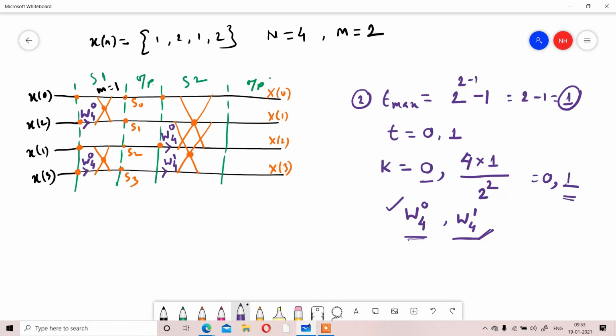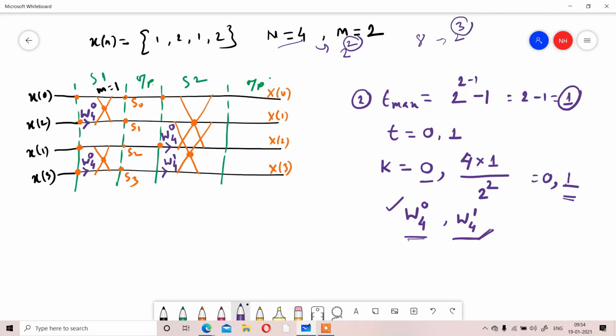At stage 3, we don't have stage 3 here. Stage is defined by the number of samples. If the number of samples is 4, that means 4 is defined as 2 to the power 2. That power defines the number of stages. For 8 samples, it is defined as 2 to the power 3.